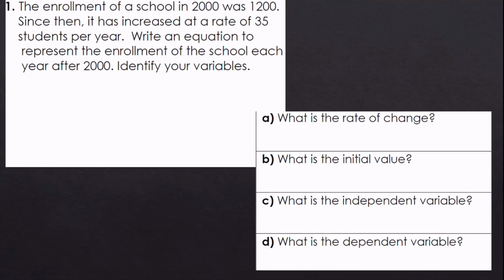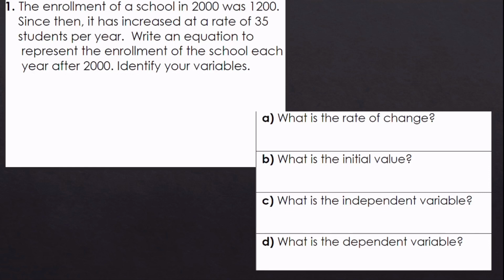So if we look at this word problem, the enrollment of a school in 2000 was 1,200. Since then, it has increased at a rate of 35 students per year. Write an equation to represent the enrollment of the school each year after 2000.